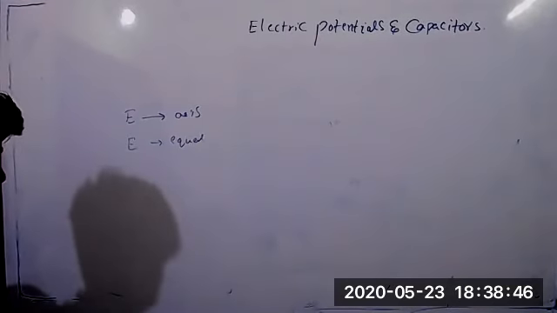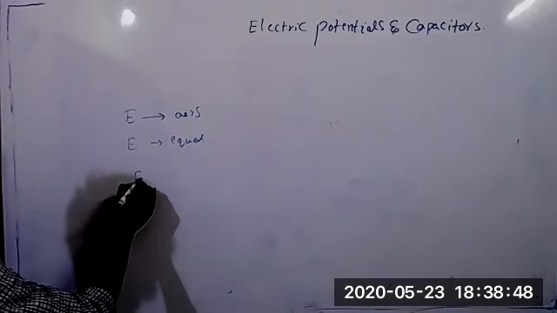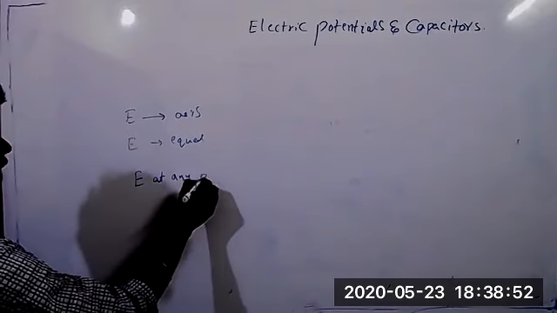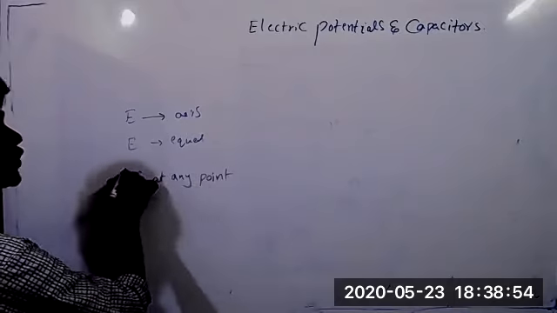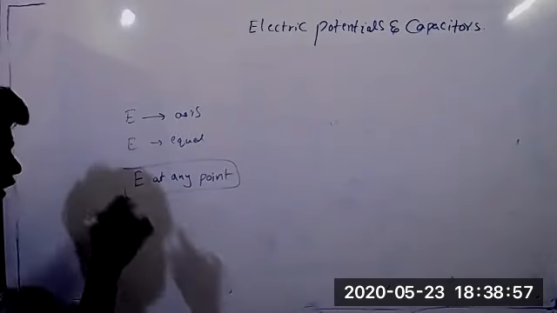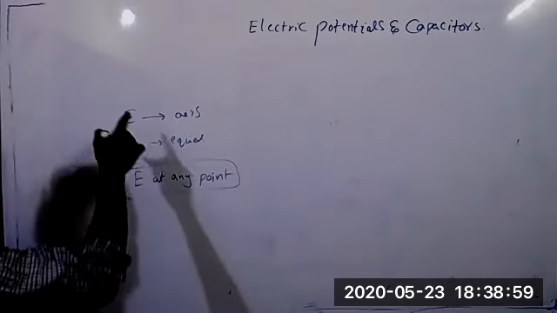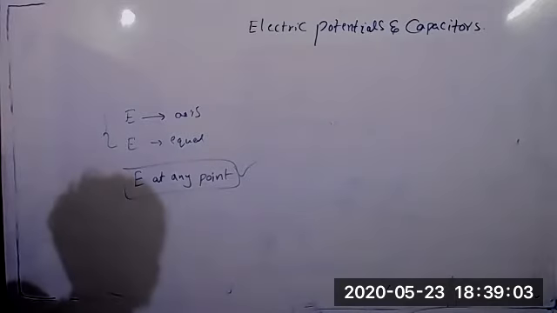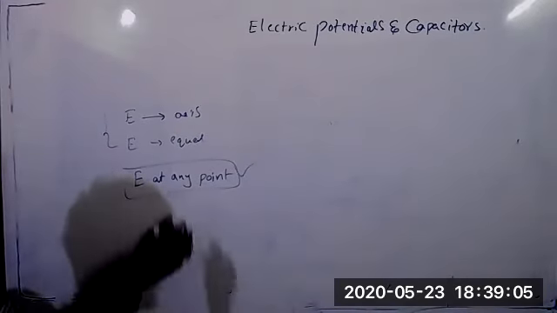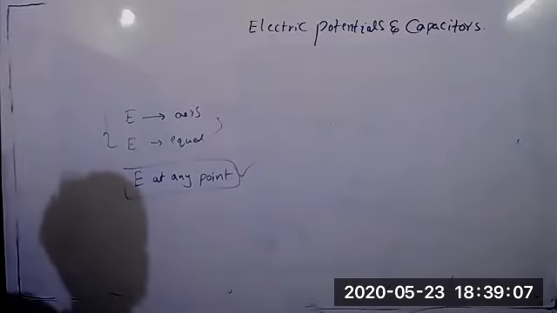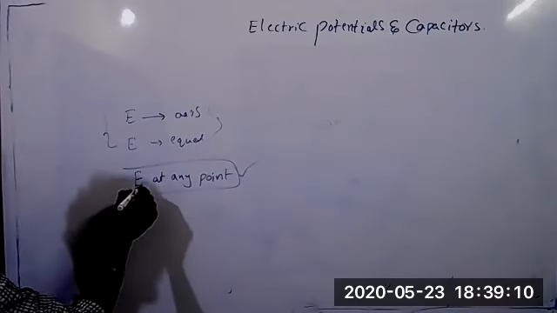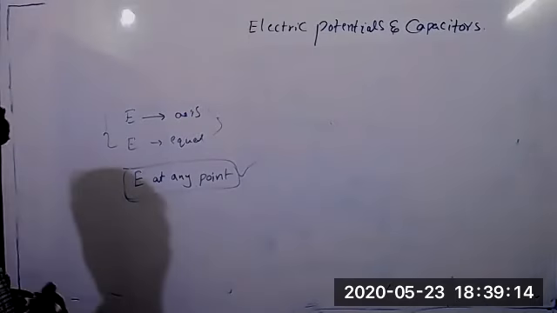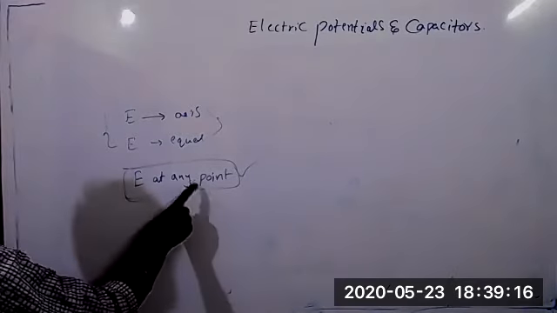But electric field at any point is very, very important for competitive level examinations. When they are giving any question based on this concept, definitely they will ask from this. When you are writing the competitive examination, they won't ask the others; those are important for CBSE and PUC. But electric field at any point, can they ask this for CET? Yeah, they will ask from this.